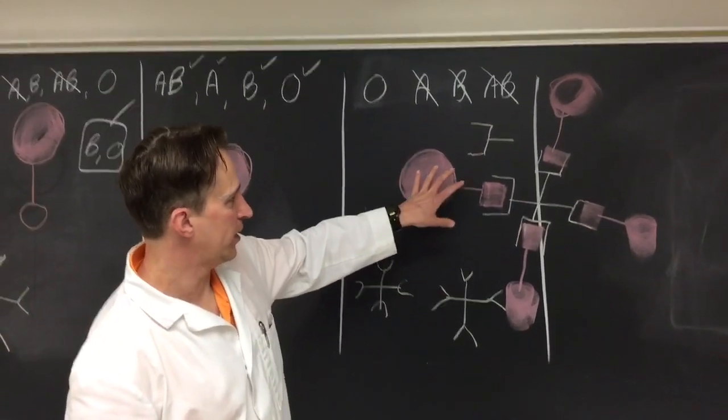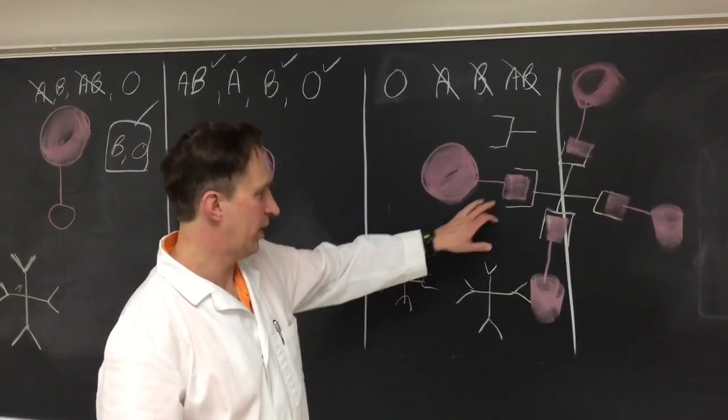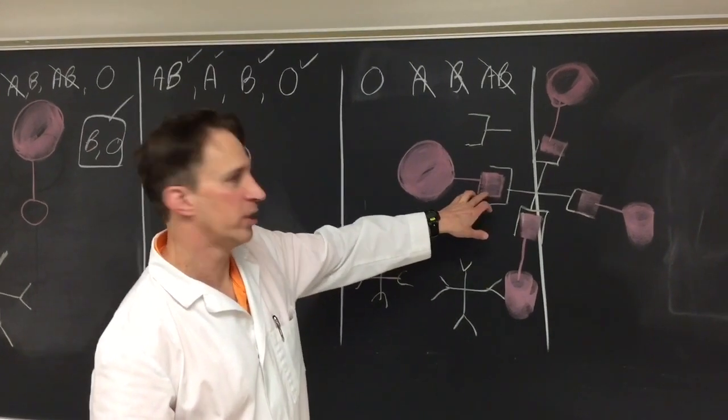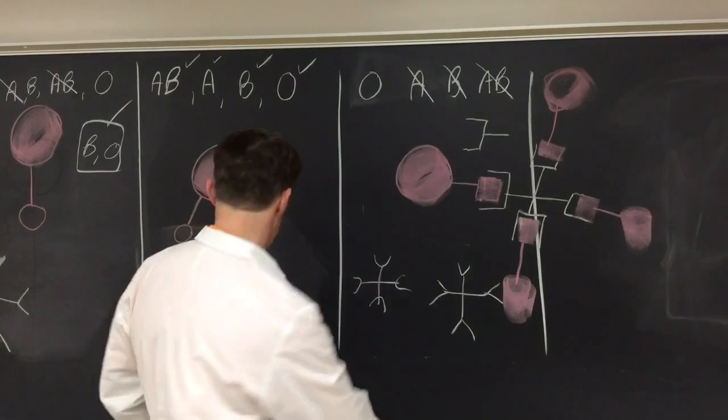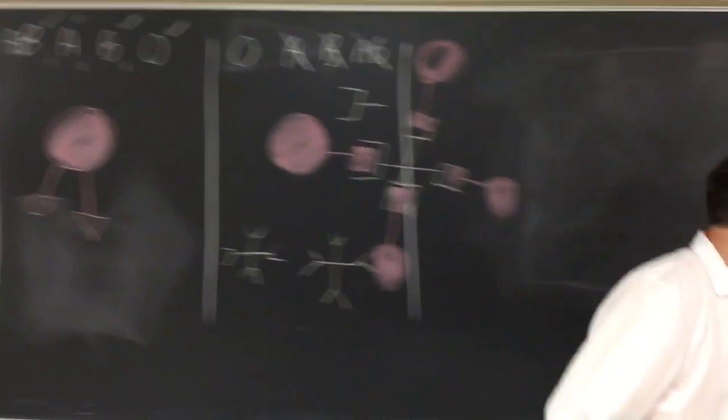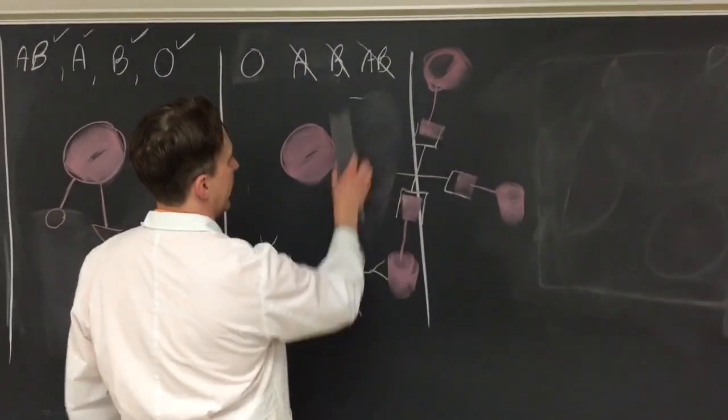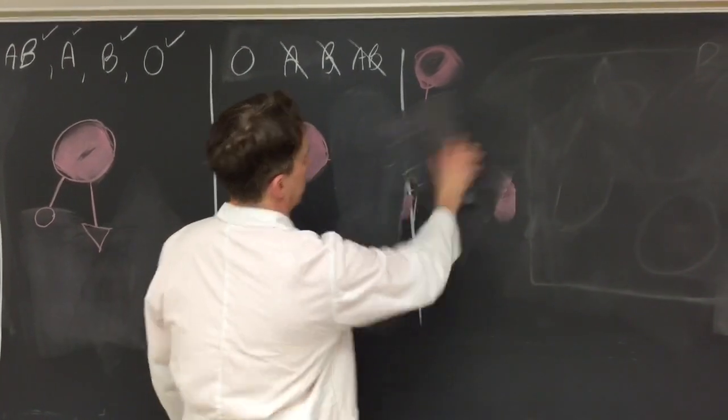So if it agglutinates with the Rh, you have the antibody attaching to your antigen. You're positive. If nothing happens, it's because you don't have that antigen, and you're negative.